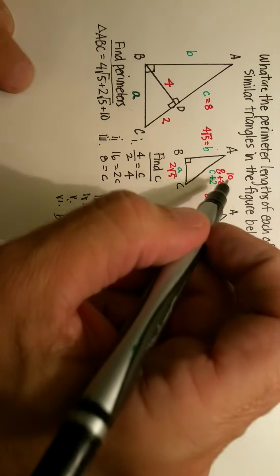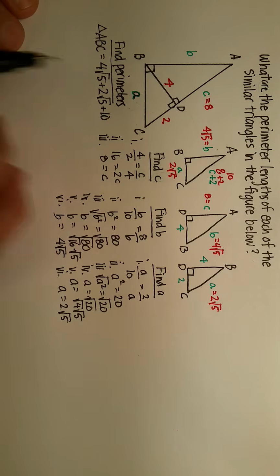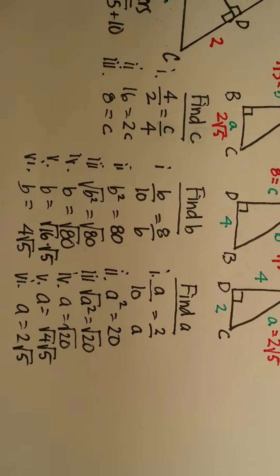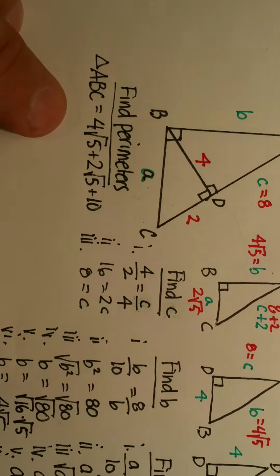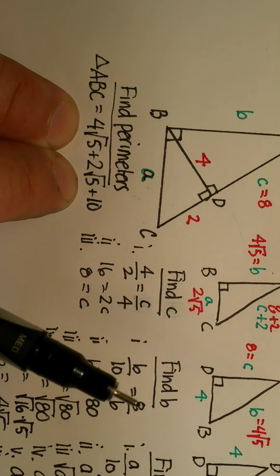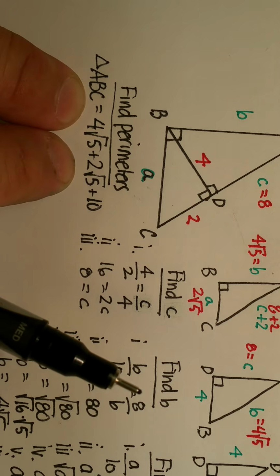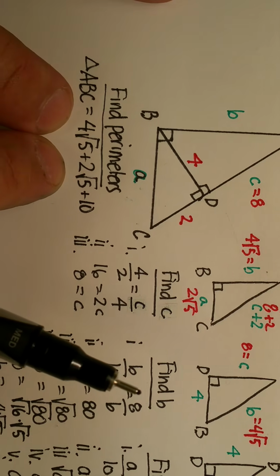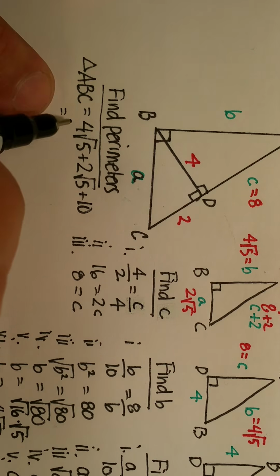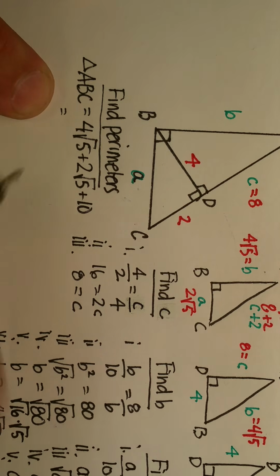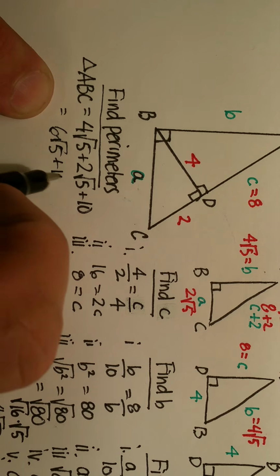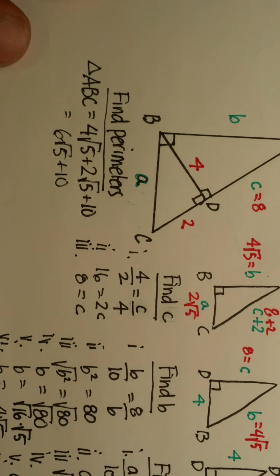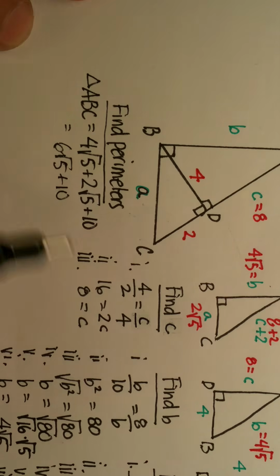Now remember that whenever you're adding radicals, you can only add the radicals that have the same square root, and then you just add the coefficients in the front. So in this case, 4 radical 5 plus 2 radical 5 gives me 6 radical 5. And plus 10, leave it alone just the way it is. All right, so this first large triangle, its perimeter is equal to 6 radical 5 plus 10.